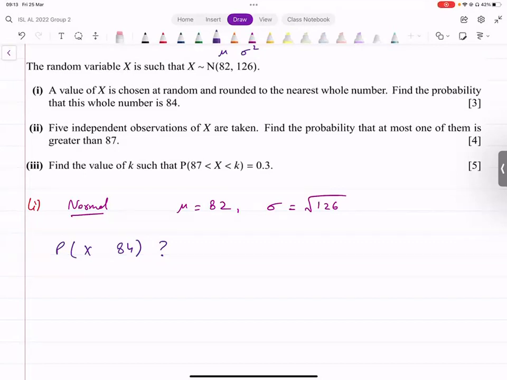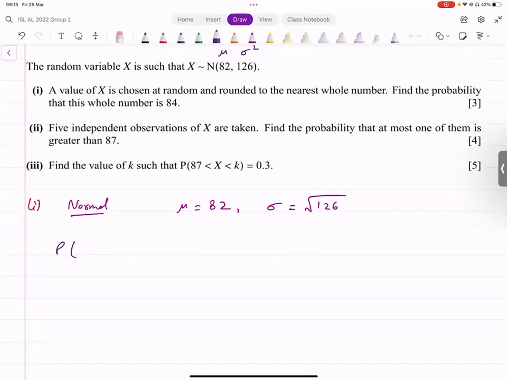If it's between 83.5 and 84, then it will round off to 84. Is that correct? 84.5, right? So 84.2 भी तो 84 पे round off हो रहा होगा ना. 84.5 तक जितने numbers होंगे वो 84 पे round off हो रहे होंगे.